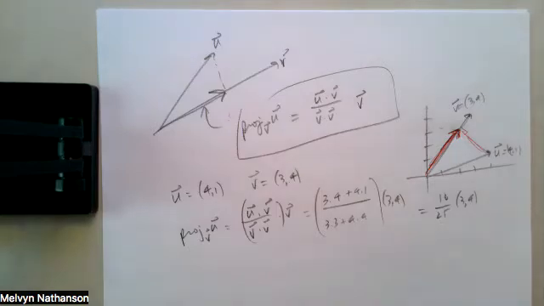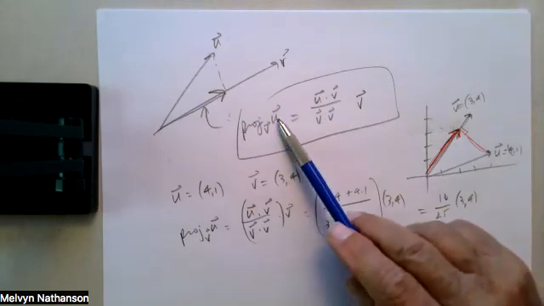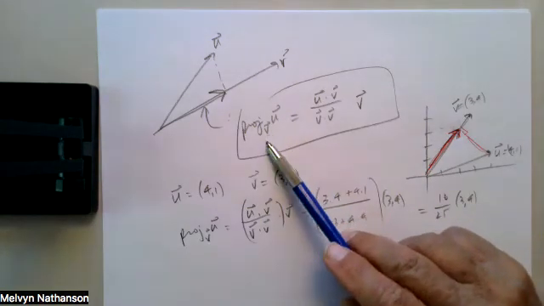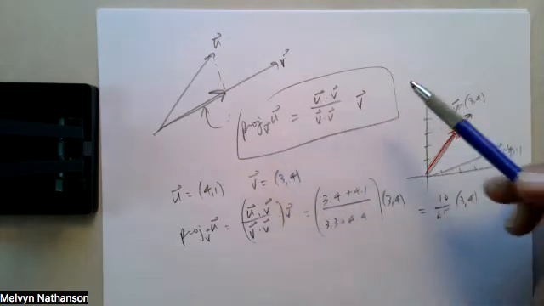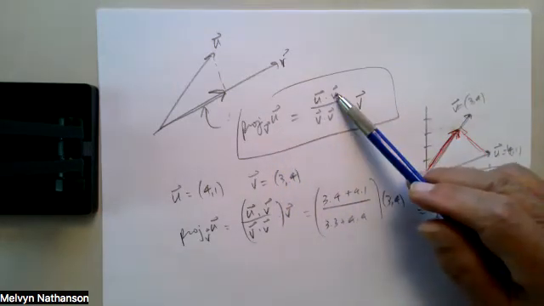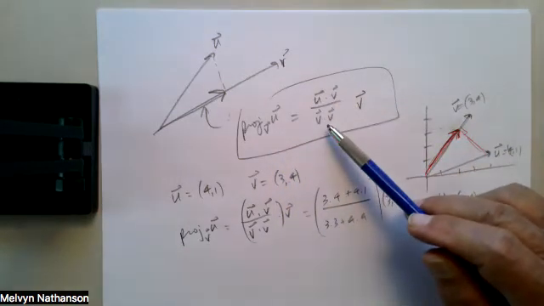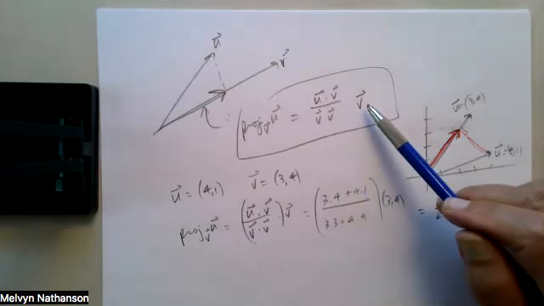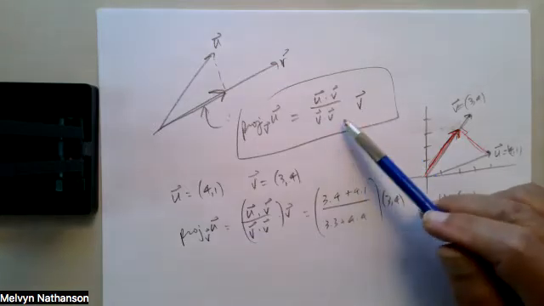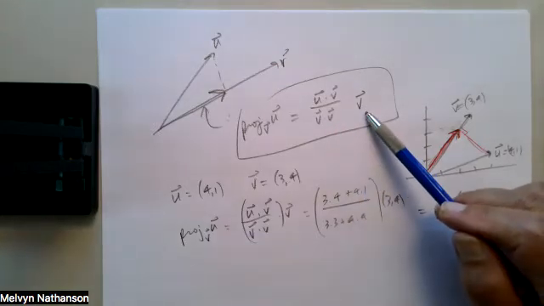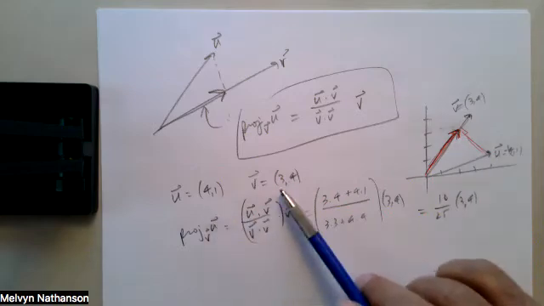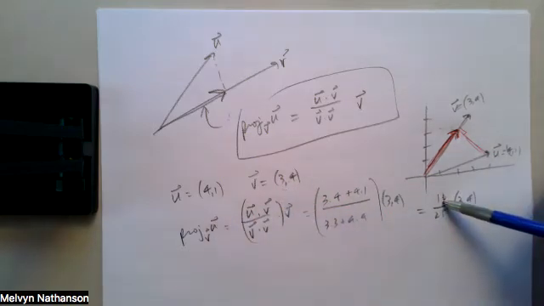They could be X, Y, Z, or W. But the formula is: if you take the projection of U in the direction of V, this is equal to the dot product of U and V divided by the dot product of V with itself, times, that's a scalar, times the vector V. So if U is 4, 1 and V is 3, 4, the dot product is 16.